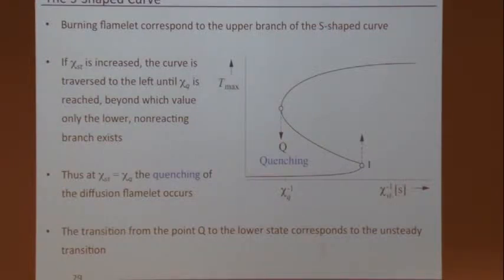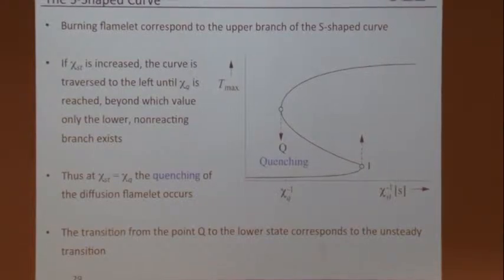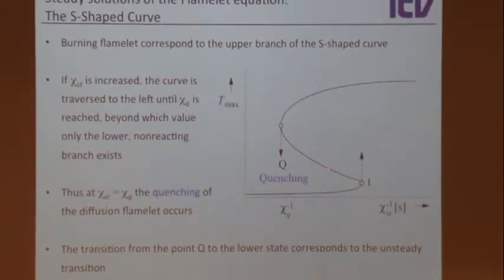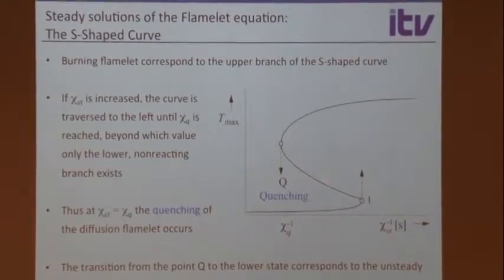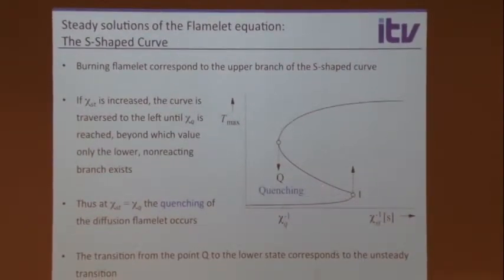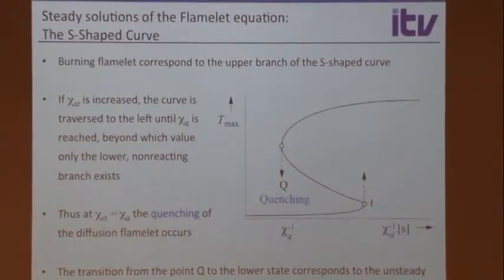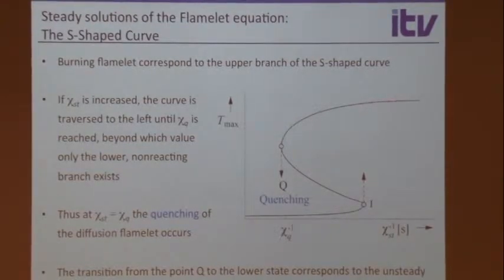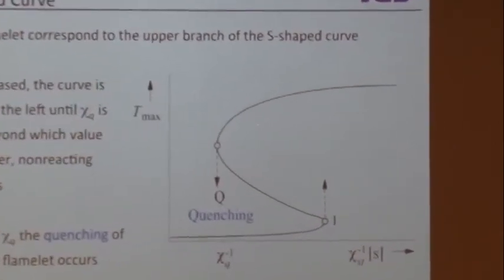It's a solution to the steady state equations, but it's an unstable solution. So if you take this solution here and make the temperature slightly higher, then bam, it would move up here, and if you make it slightly lower, then it would go to the lower branch, okay?